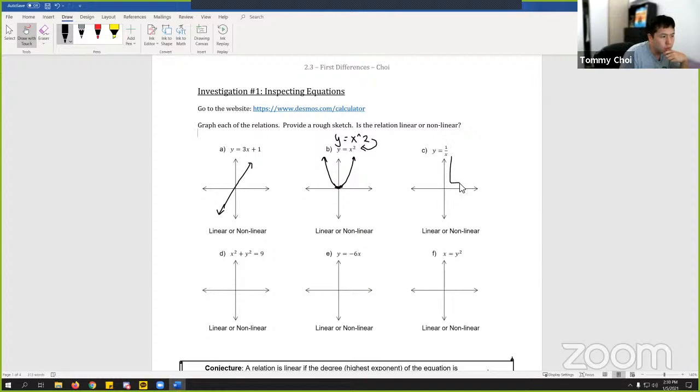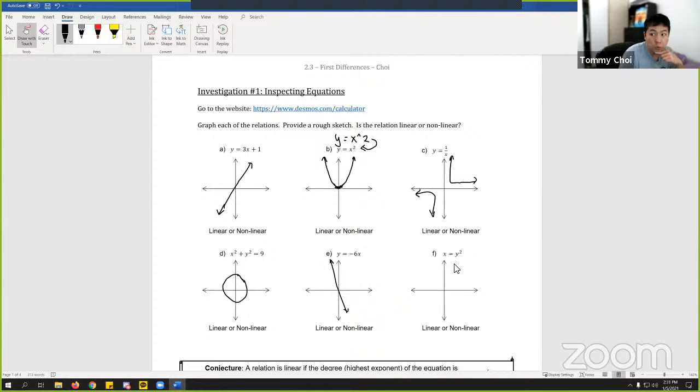1 over x looks a little weird, huh? Looks a little like this, right? X squared plus y squared equals 9 looks like a circle. That's my ugly circle. Don't judge me. Y equals negative 6x looks a lot like this.